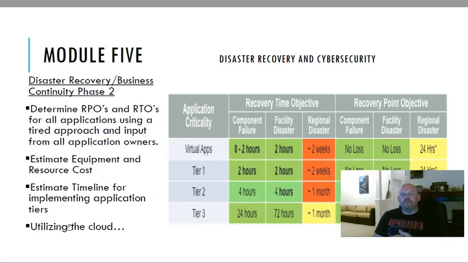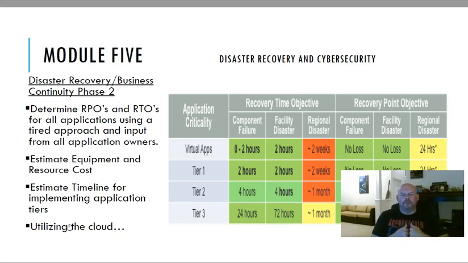Phase 2, after we've determined the RPOs and RTOs, we estimate the equipment and resource cost. And here's just a table that talks about recovery time objective and recovery point objective. If we're looking for component failure versus facility disaster in under two hours, regional disaster would be under 2 weeks, such as a flood or a hurricane going through, and we're really looking for no loss of any information.